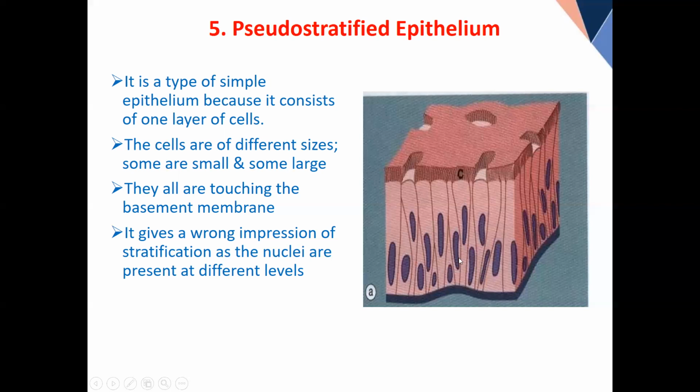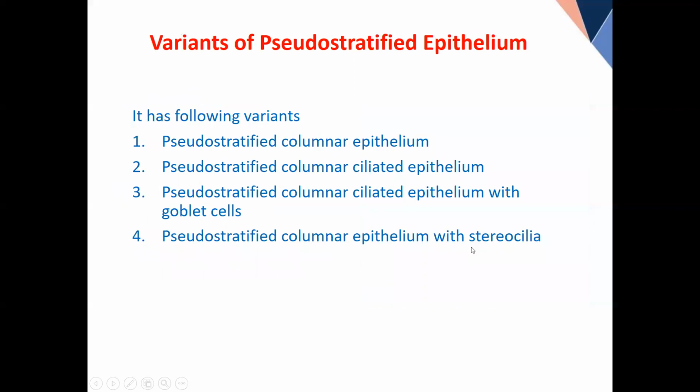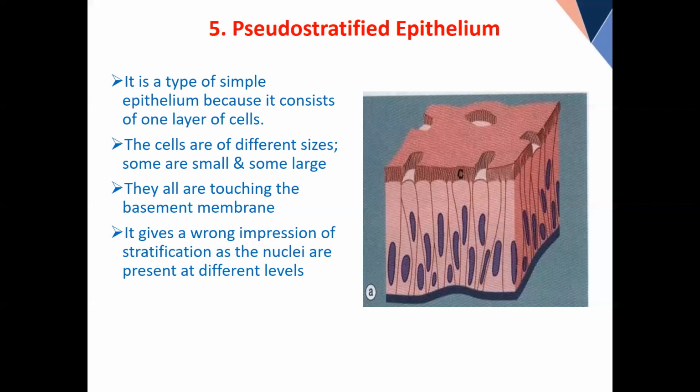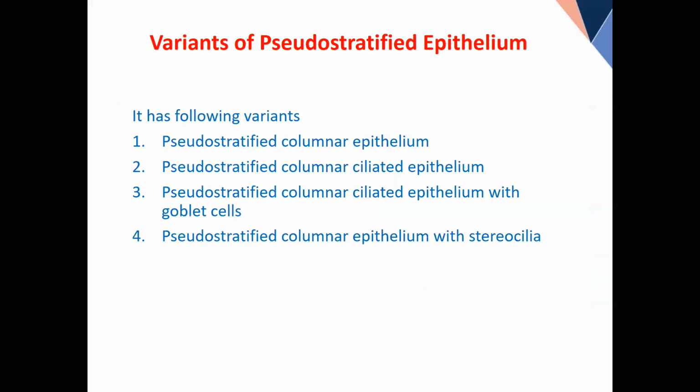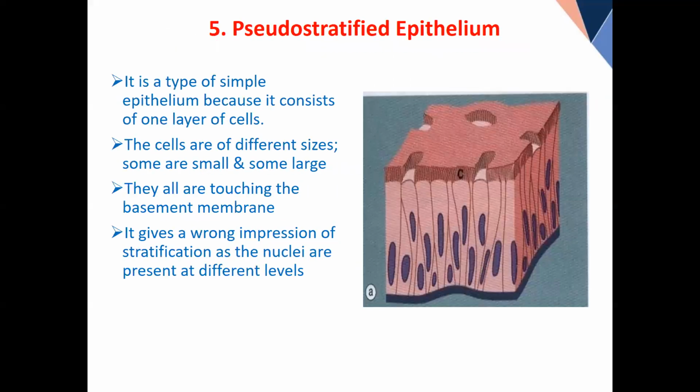And the key point is that if you see in the diagram, all these cells are touching the basement membrane despite having different sizes. This is a very important point. All the cells are touching the basement membrane. So it means that they all are in one line. So it is a simple epithelium, point number 1. Now why does it appear stratified?